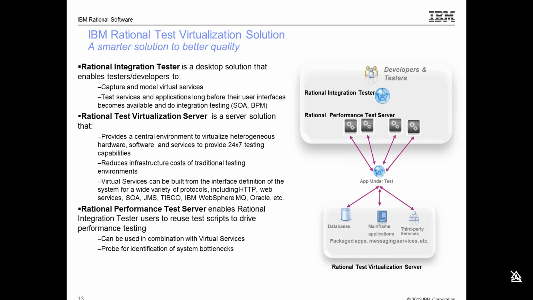Right? So because it is a server solution, a centralized repository for your application, for your virtual services, it reduces the infrastructure costs that are inherent with traditional testing systems. And the performance test server then enables you to use these virtual services and run performance tests against your application.